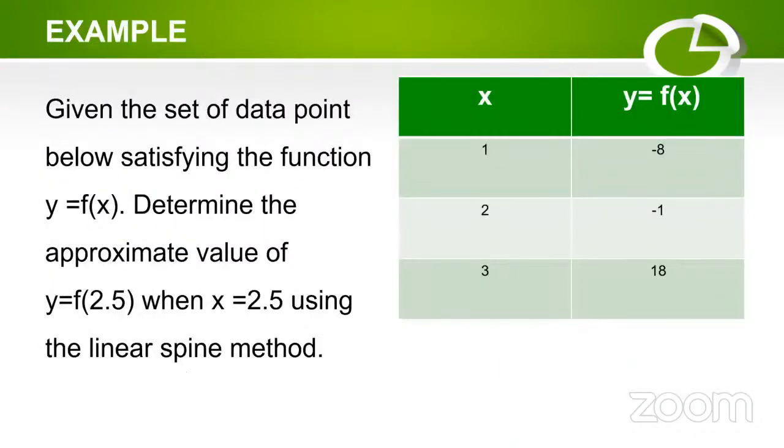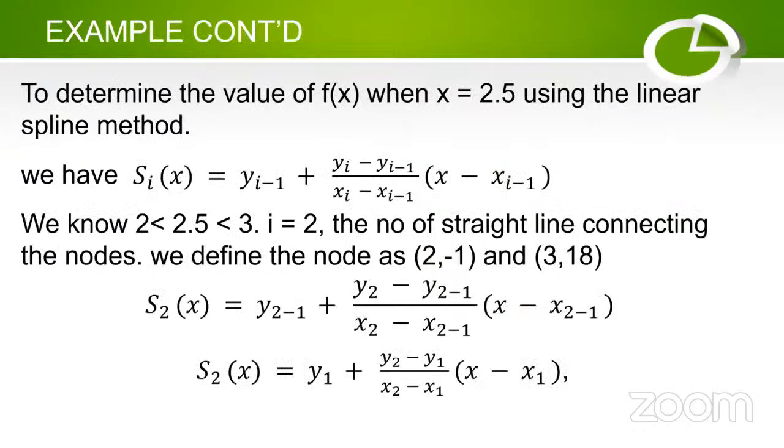To determine the value of f of x when x equals 2.5 using the linear spline method, the linear spline equation is xi of s equals yi minus 1 plus yi minus yi minus 1 divided by xi minus xi minus 1 into bracket x minus xi minus 1.